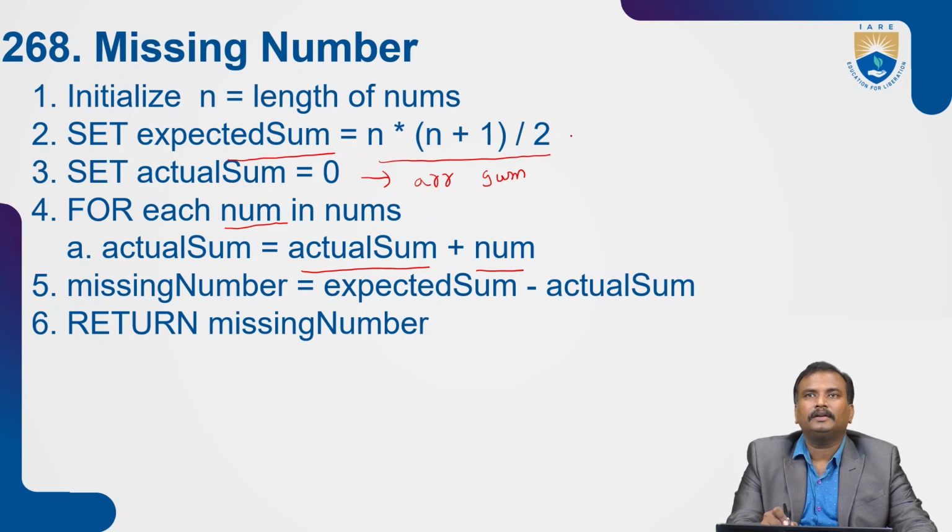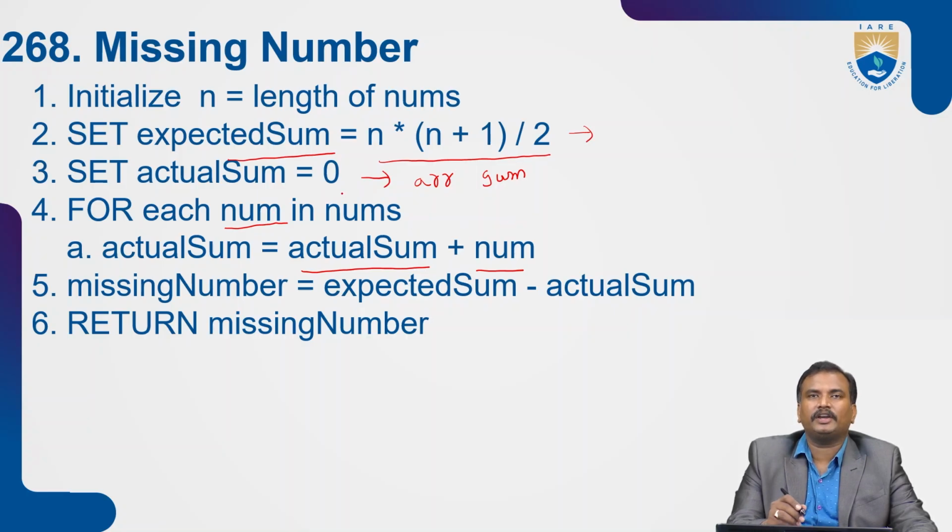This is nothing but our sum of n natural numbers, and set actual sum is equals to 0, that is the array sum we are going to calculate. For adding all the elements in the array we need to use the loop, and the loop which we are using here is for loop.